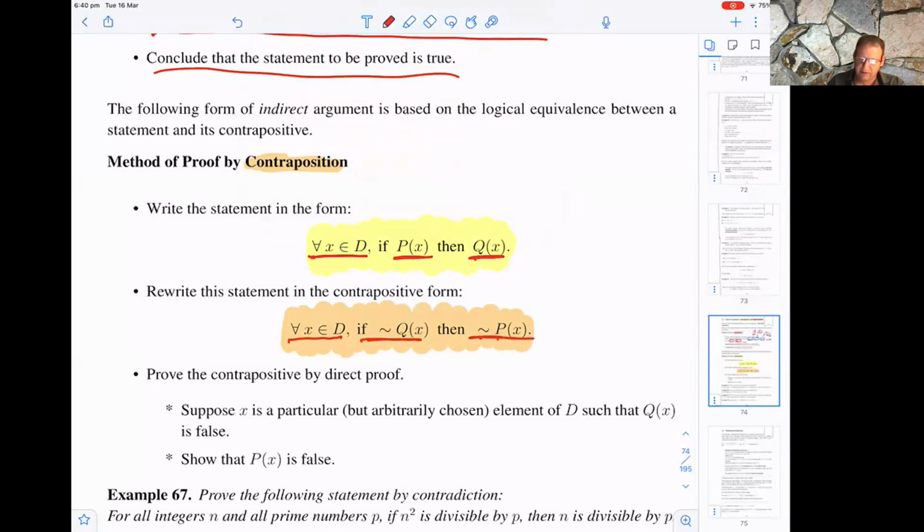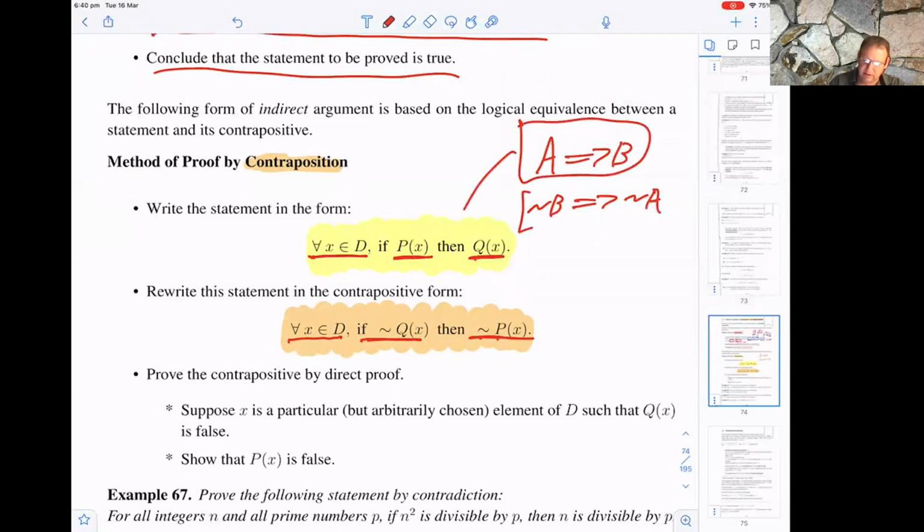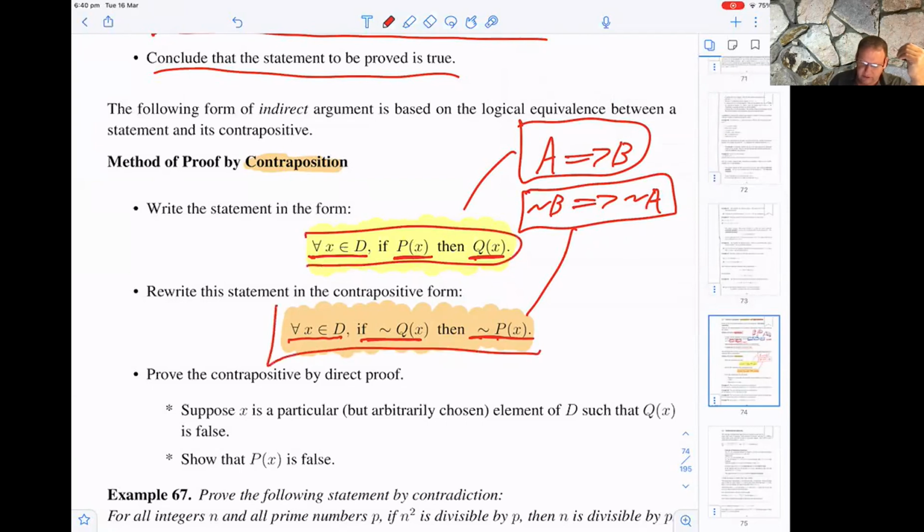So A implies B is equivalent to: if not B, then not A. Okay, so these two statements are equivalent. Sometimes instead of proving this, we find it more convenient to prove this.